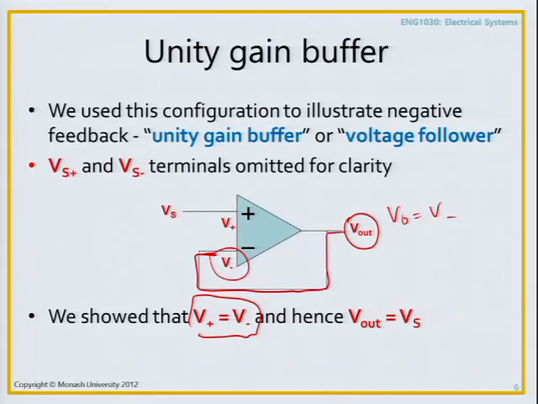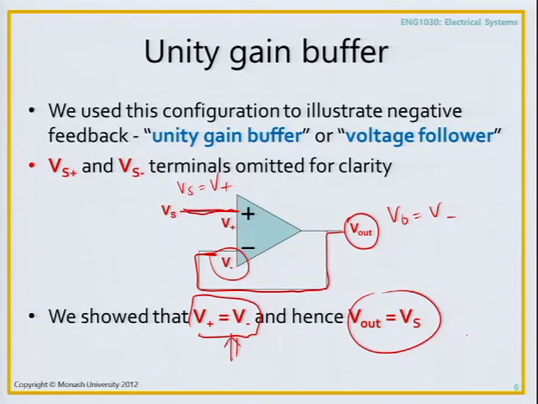And over here, just by looking at the definition, Vs is equal to V plus. Logical. And because we know this condition, V plus equals V minus, because we have negative feedback, hence V out must be equal to Vs.